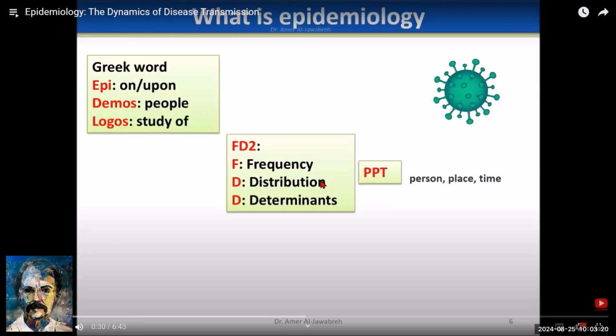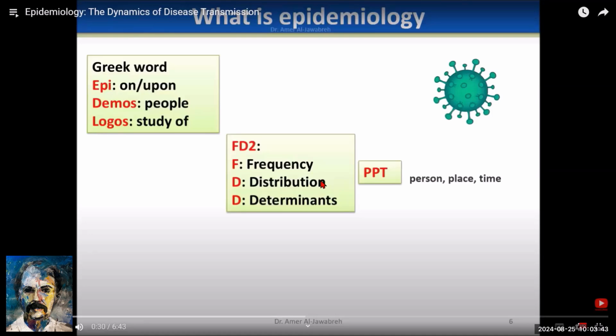And time. Some diseases occur in summer, like diarrheal diseases, and some occur in winter, like respiratory tract infections. So when we talk about distribution, have the PPT model in your mind: person, place, time.